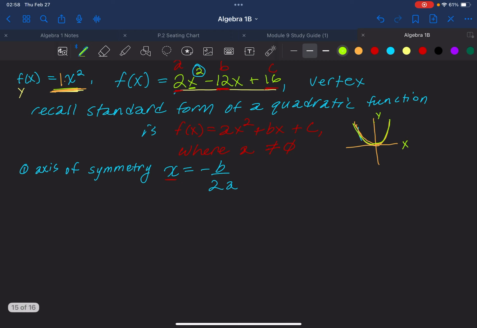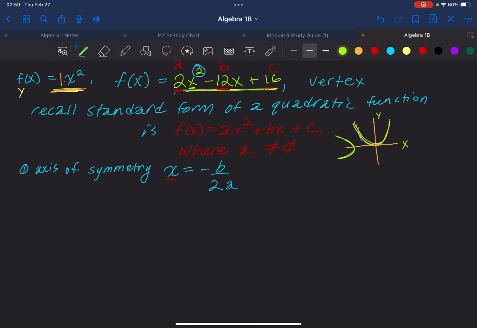If I had a graph going across the x-axis or being reflected across the x-axis, then my graph would be in relation to y. All right, let's just get started.